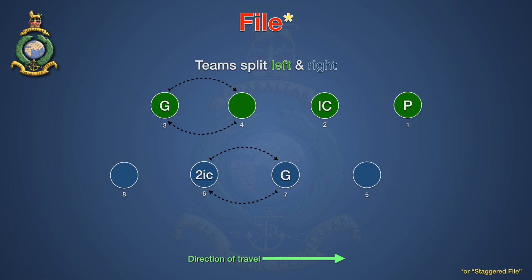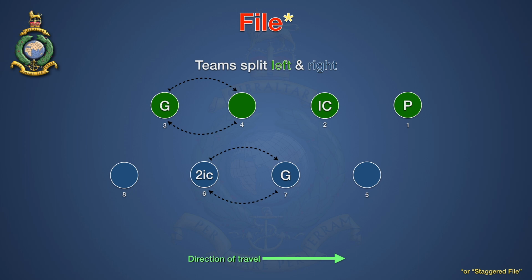If you look at the blue symbols here, you'll see that number 7, who would normally be behind the 2IC, has swapped positions with the 2IC. The 2IC has moved back 1 to position 6, and the gunner has come forward 1 to position 7. And that's so, again, that the gunners can cover each side.